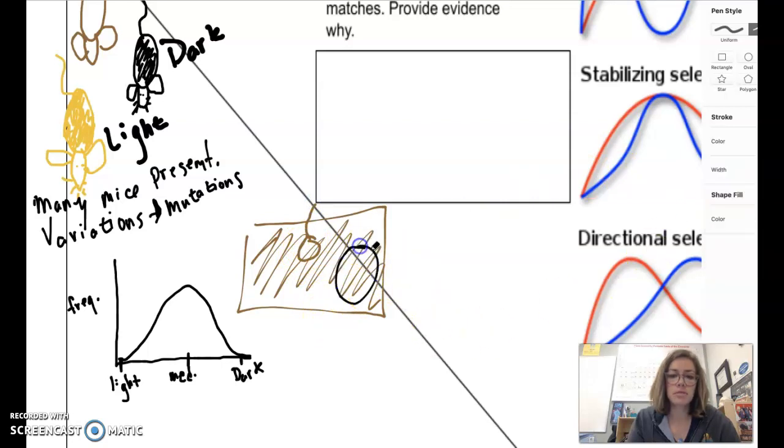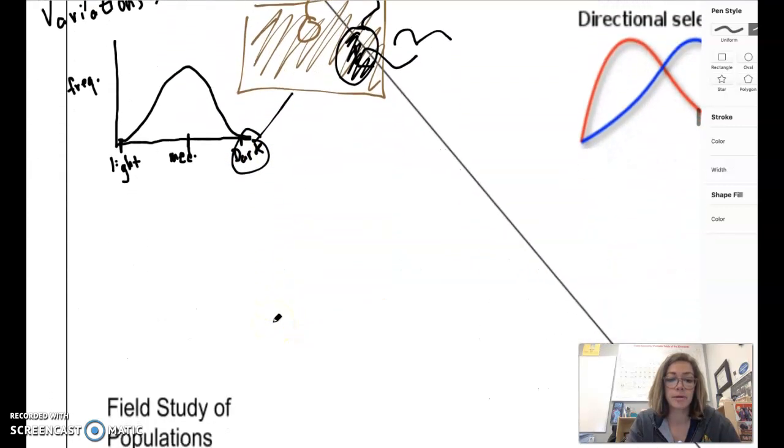Which ones can you see better? Well, obviously I made that one bigger, but you get the idea. And so when you have your predators or your birds, they're going to come in and attack those dark colored mice fastest. And so the dark colored mice are obviously going to have a much lower population number.